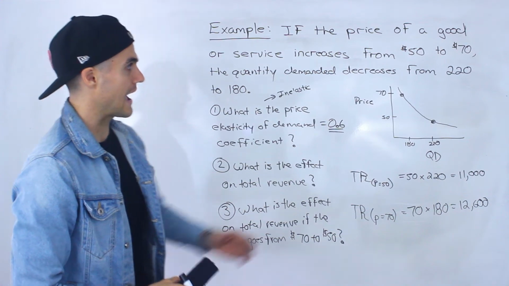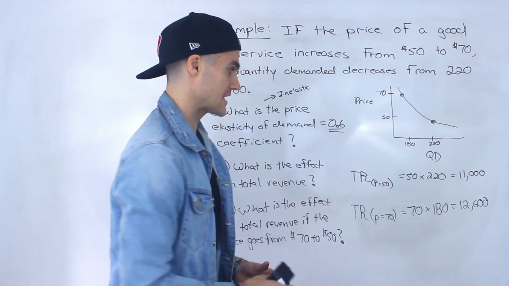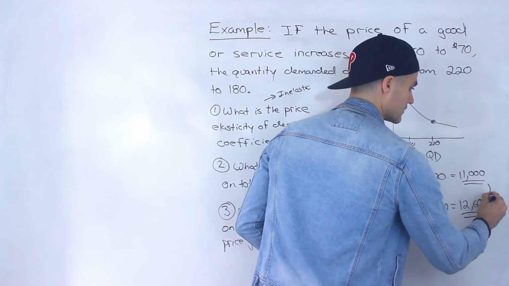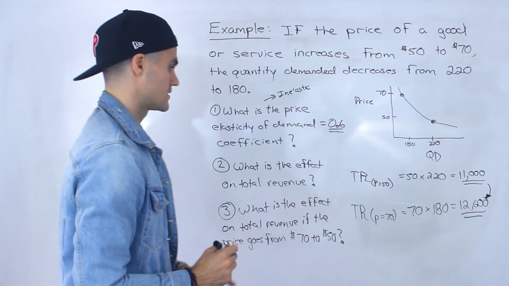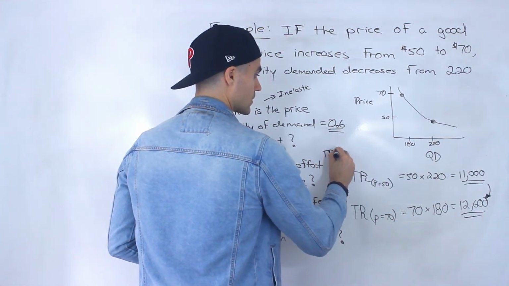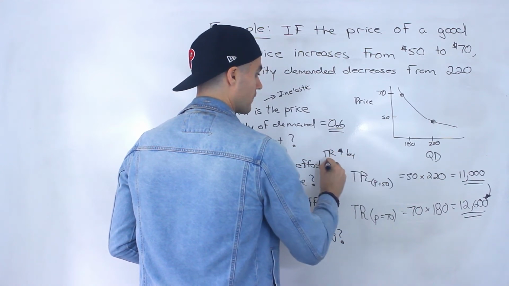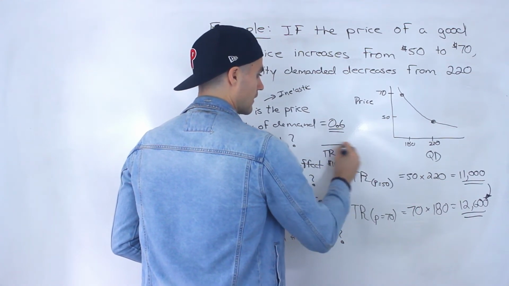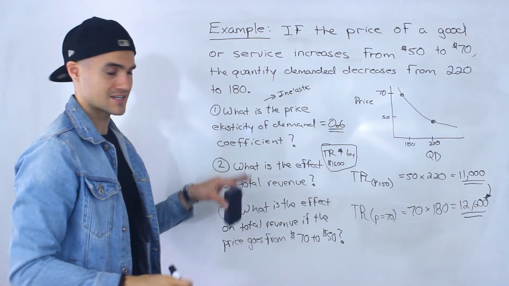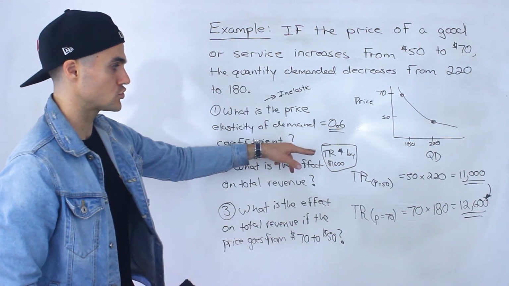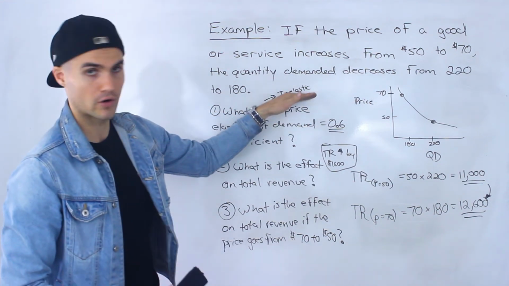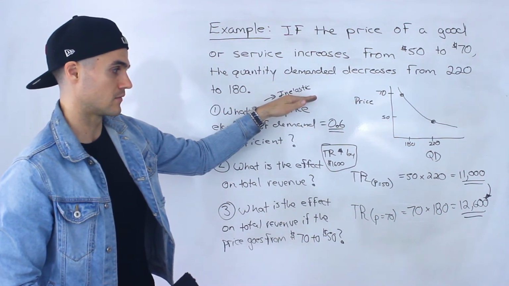And so what happened as the price went from 50 to 70? Notice that the total revenue went from 11,000 to 12,600. So what is the effect on total revenue? The total revenue increased by 1,600. And that makes sense because when we showed the different cases in that chart, we know that the total revenue should increase with a price increase for an inelastic good.